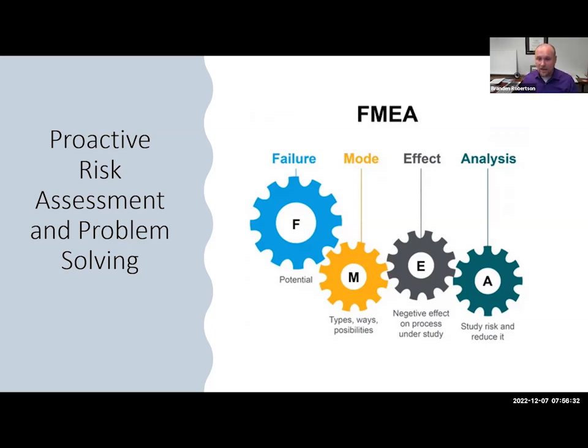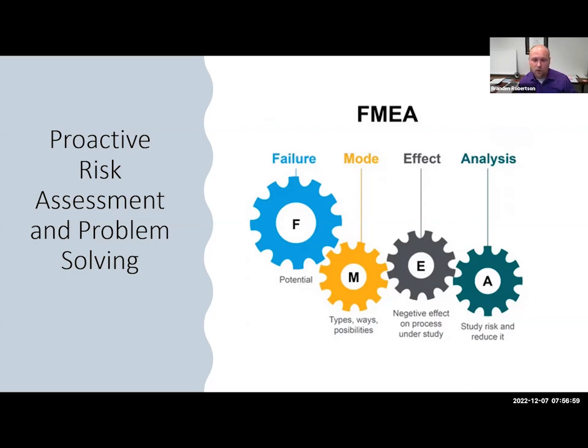And then you're analyzing the effects, and then you're looking at ways to mitigate and reduce every risk that you just identified. And part of this is prioritizing which of these issues has the highest potential for effect, and then making sure those are the things that we reduce the risk on first. So very similar to many of the tools that we just talked about.